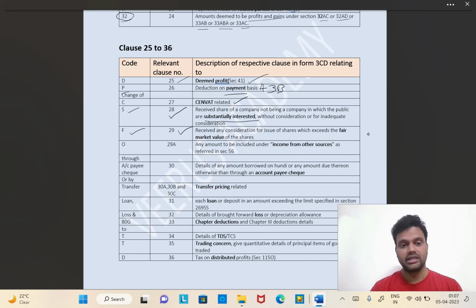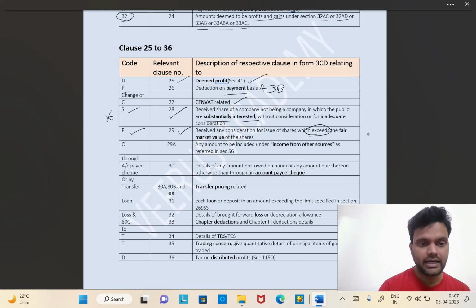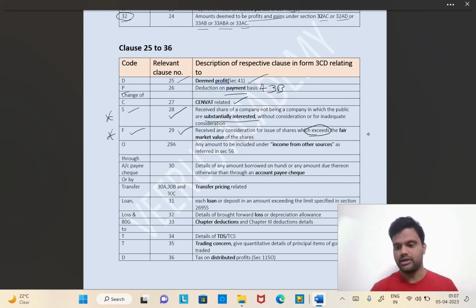F means fair market value, when you issue shares. So clause number 28 is when you receive shares. Clause number 29 is when you issue shares at a price which exceeds the fair market value of shares. So clause numbers 28 and 29 are very important. They have already been asked in the examination. So these two clauses are important.